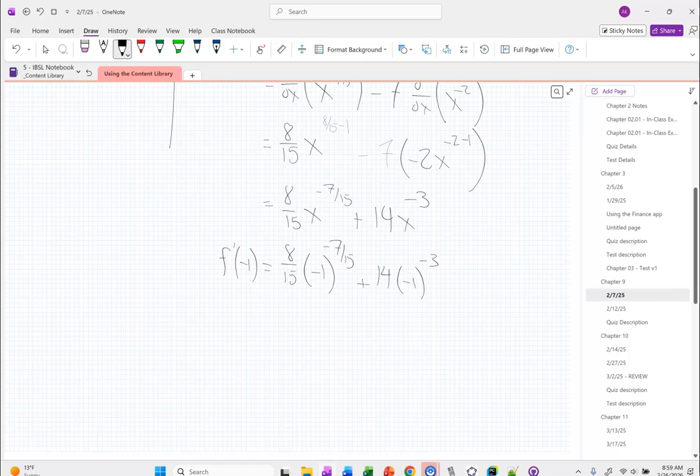What's the 15th root of -1? -1, right? Because it's an odd root. I should get a negative answer. What's -1 to the 7th power? -1 still, because it's an odd power. And what's the reciprocal of -1? -1.